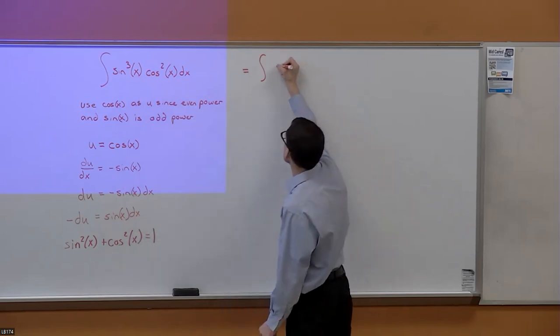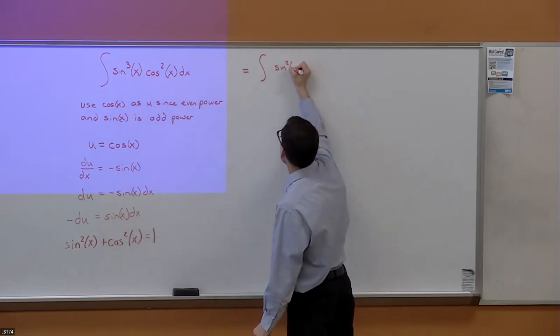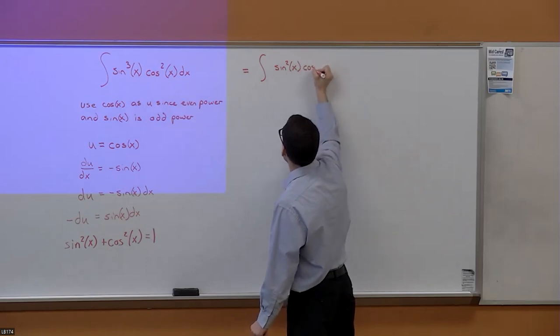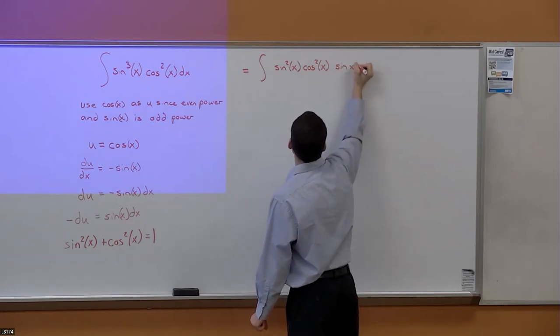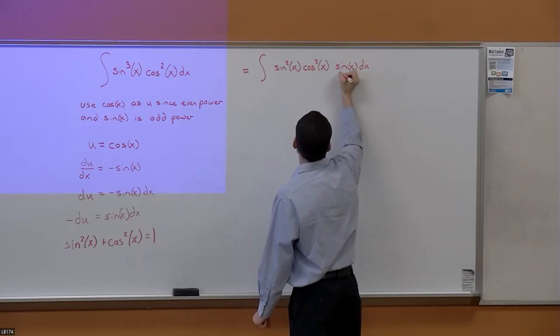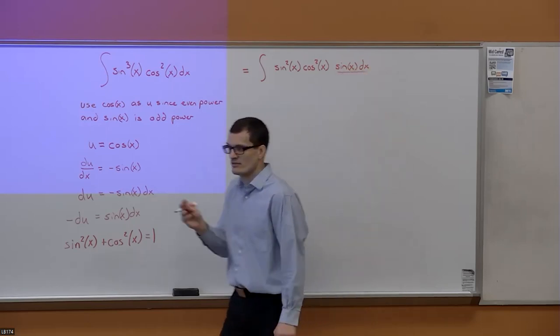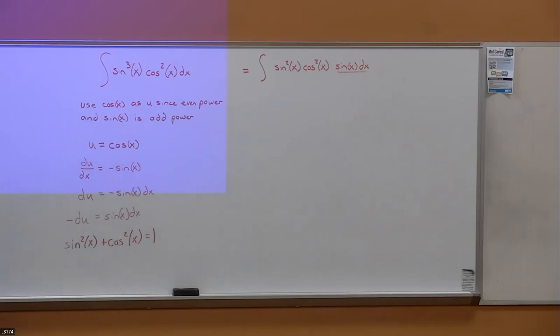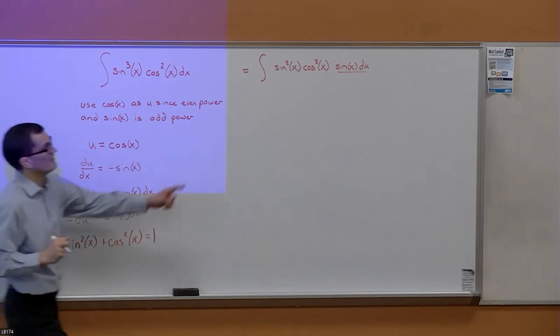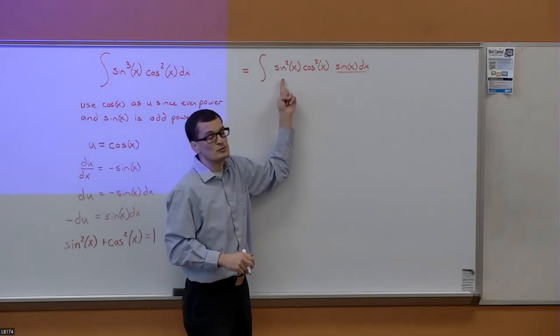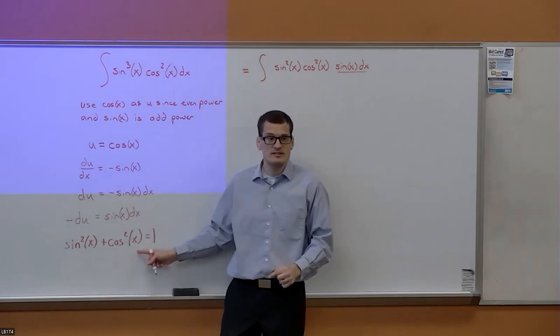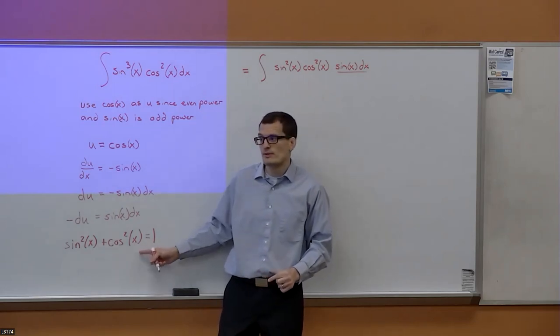So I'll do my first rewrite, and I'll pull a sine x over with this dx for the du exchange. All right. Like I said, the cosine squared, we can now make a u squared. And here's where this trig identity comes in. Now we do another rewrite step.